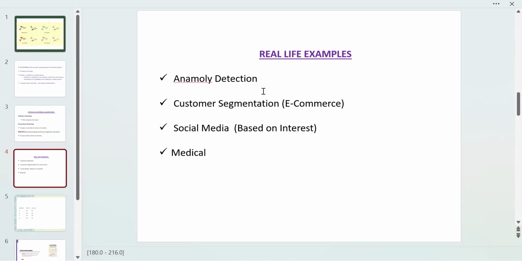And the most important application is in e-commerce, where customer segmentation can be used. Like going to a mall or a supermarket, the customers' information can be used to categorize the customers, their taste, their behavior, and how it could be improved.